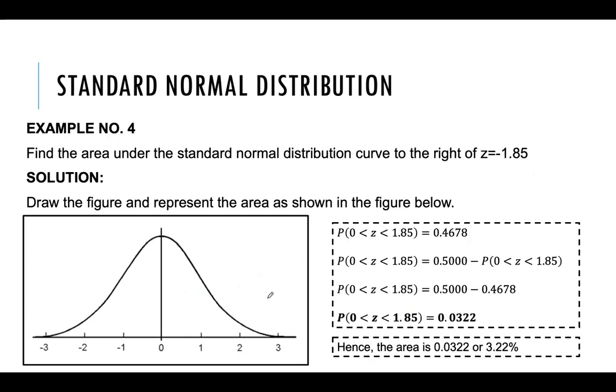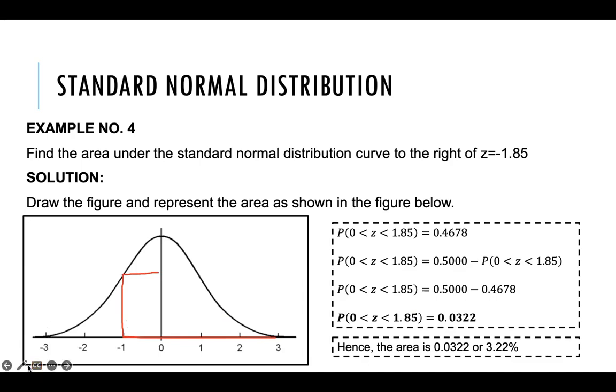Okay, so next example: find the area under the standard normal distribution curve to the right of the z value of negative 1.85. So to the right means toward this side. What is the area to the right?